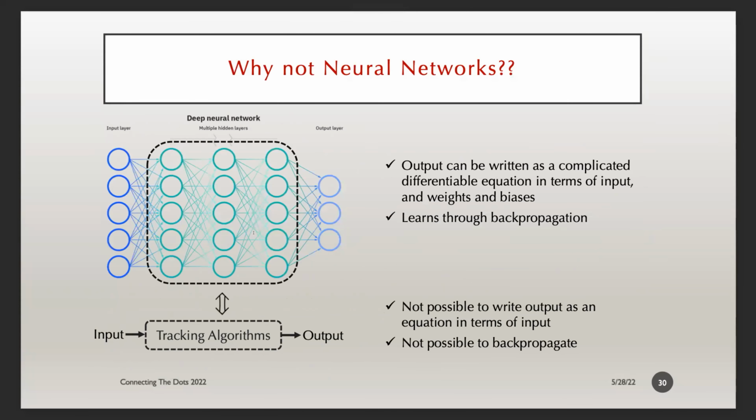The main thing that I understood till now is that in case of the neural network, if we really want to do that, we can write down the output in terms of the input. It is a complicated differential equation where you have your output and all the input and weights and biases. But there is no such thing that we can do in case of the tracking algorithm. We don't have any equation where we can write the output in terms of the input.